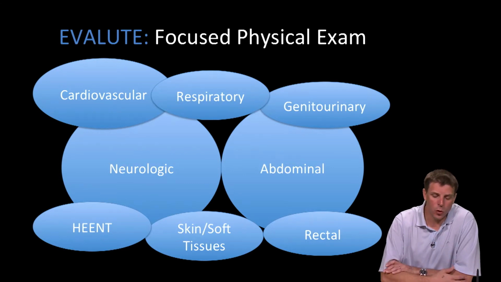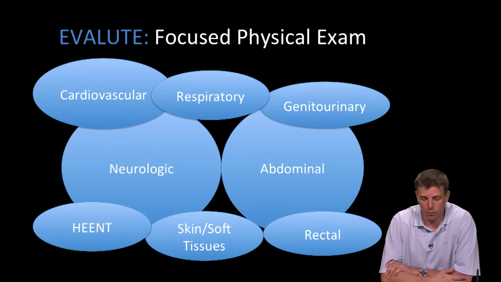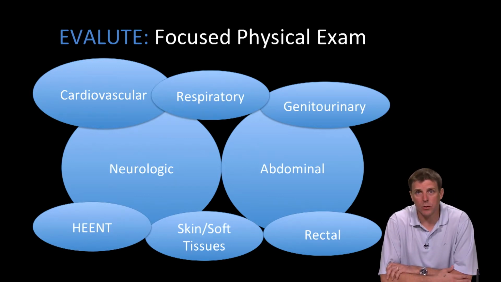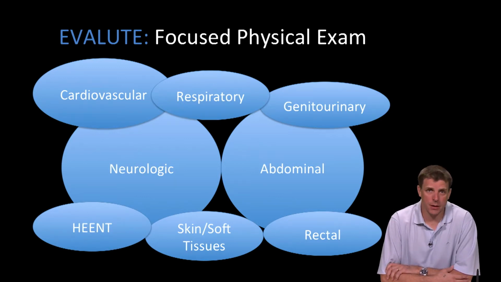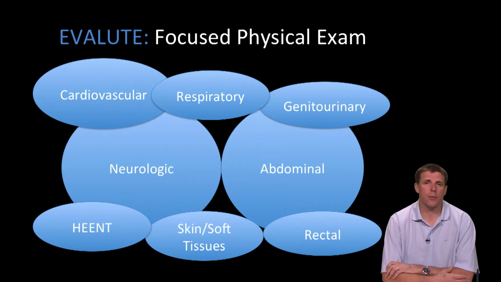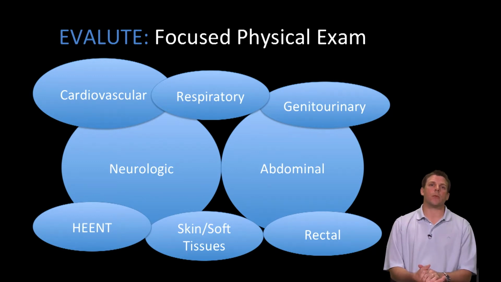So some good physical examination points that we're going to want to cover is the cardiovascular exam, of course. The respiratory exam is going to be important. The genitourinary exam. The patient is confused and has a history we just learned of a headache, so neurologic examination will be very important. Of course, the patient now seems to have abdominal pain, so an abdominal examination will be important.